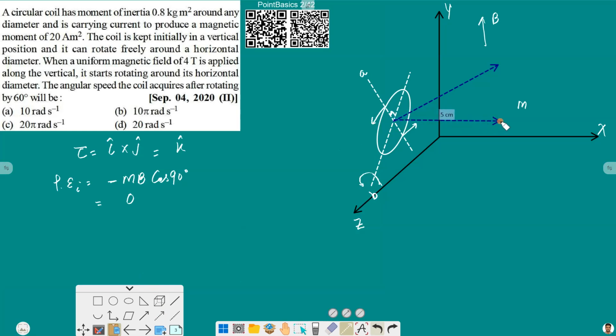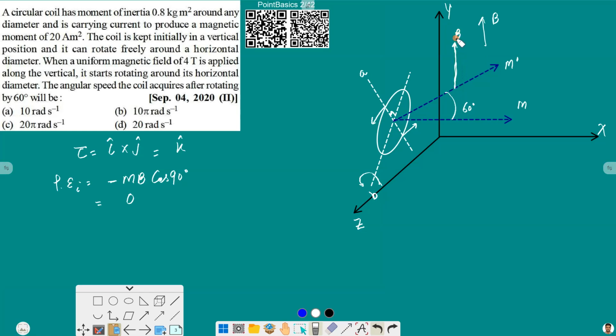This was the original direction of the M. This was initial direction of the magnetic dipole moment, and now it is rotated by 60 degrees. So this angle between new M, which is M dash, and old M is 60 degrees. Direction of magnetic field is as it is. So here magnetic field is something like this.